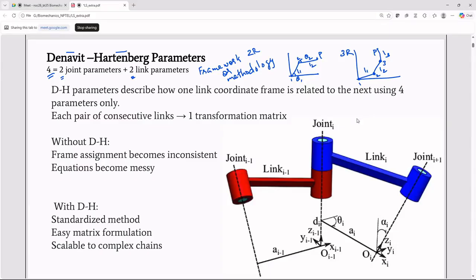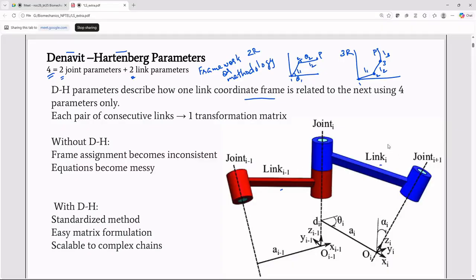What this does is fix a coordinate frame to each joint, then find the relation between each link. Suppose you can see here, the red one is link one, and the blue one is link two. Here it is written as link i and link i minus 1.